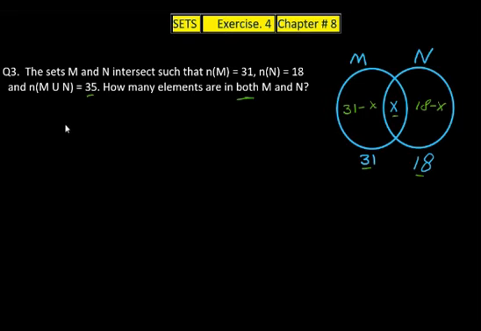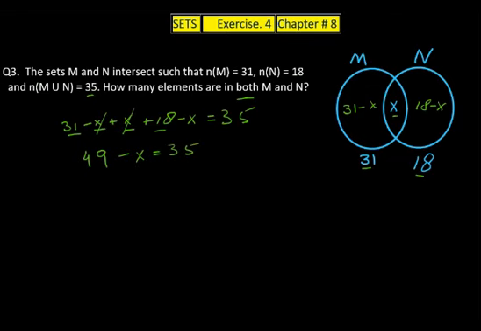Right, so it means that 31 minus x plus x plus 18 minus x equals 35. Now this minus x and this plus x will cancel each other out, and we are left with 31 plus 18, which is 49, minus x equals 35.